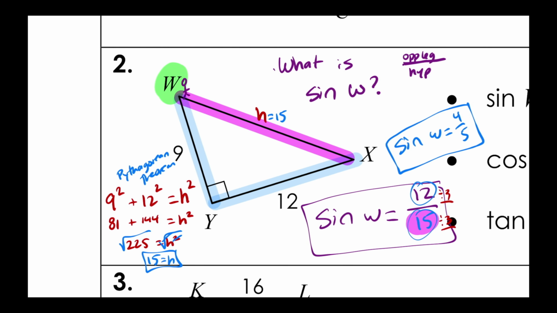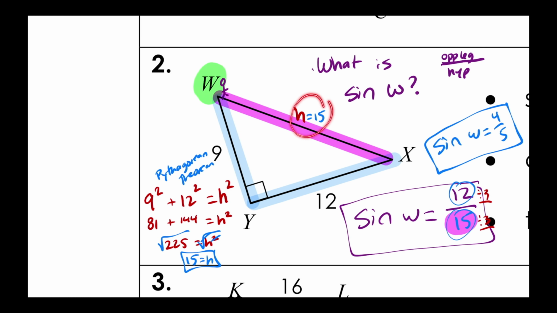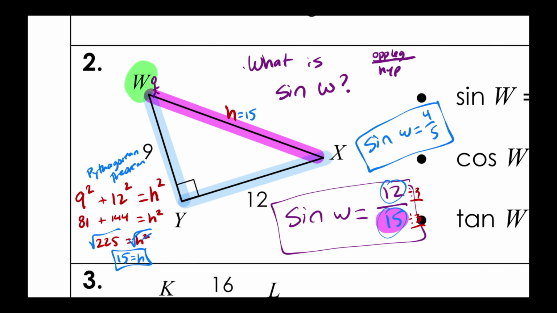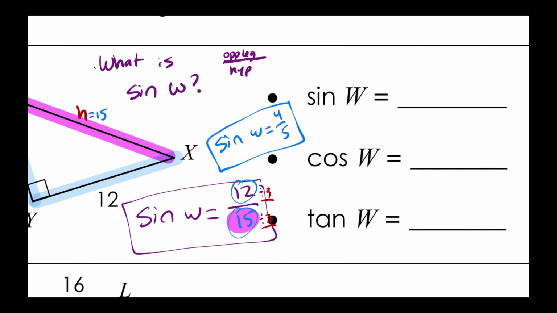We figured out this was 15, because that's 9 and 12. We wanted to find the sine of W. That means you stay at W, and sine means opposite over hypotenuse. So that's why it's 12 over 15. Then you simplify, so sine of W is 12 over 15, or 4/5.